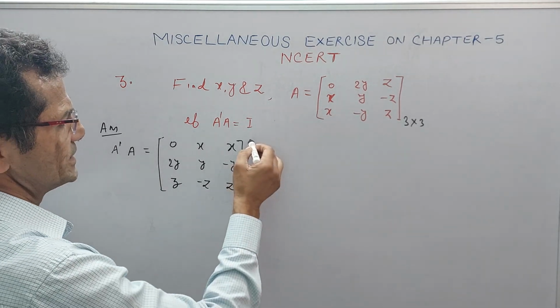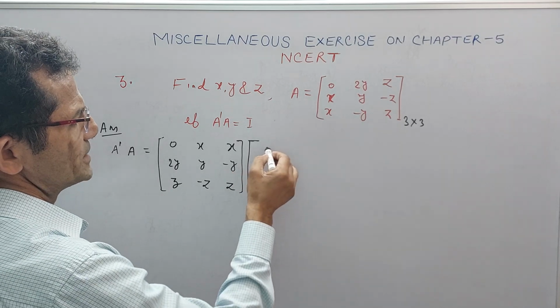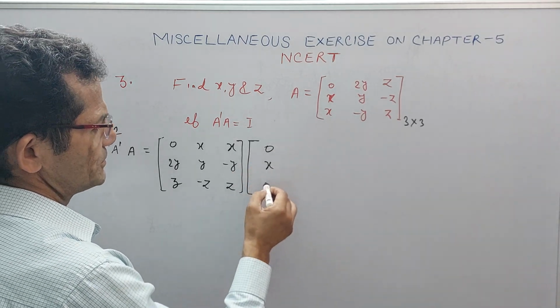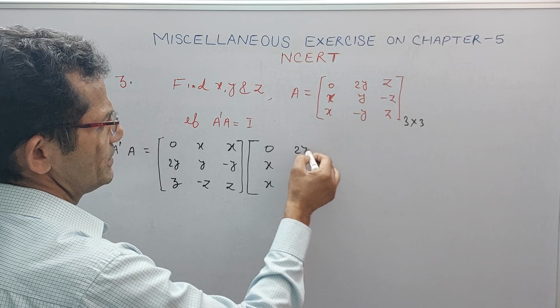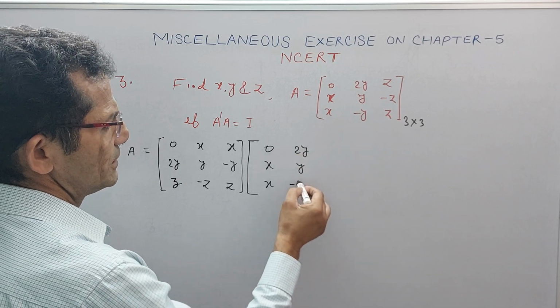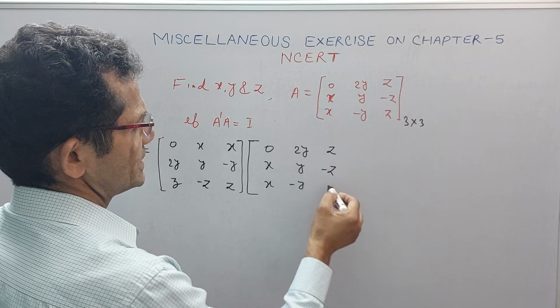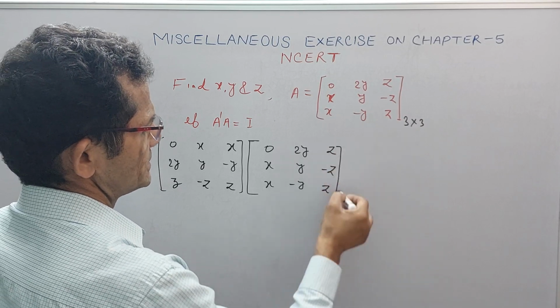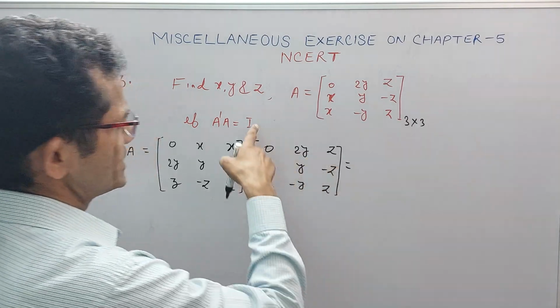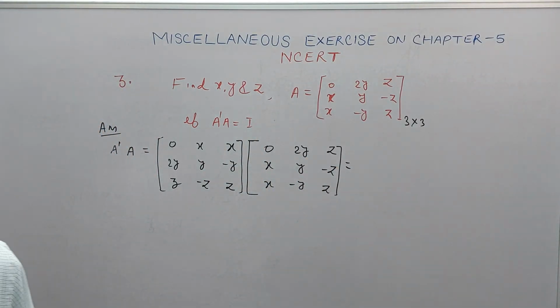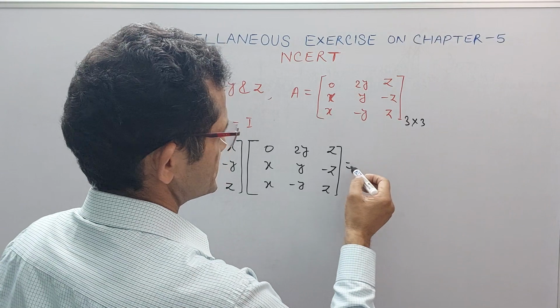This is our matrix A, and its entries are 0, x, x, 2y, y, minus y, z, minus z and z. So this is equal to, according to the question, the identity matrix, which has order 3 also.